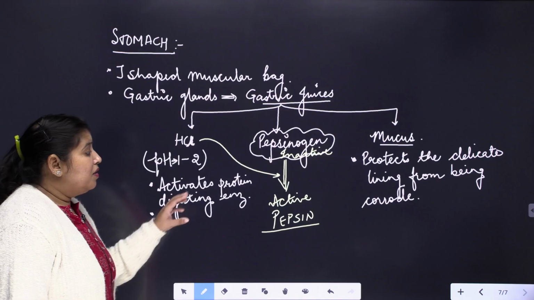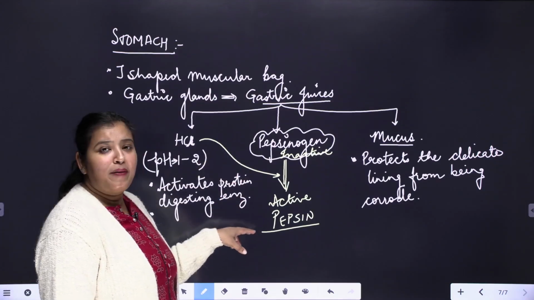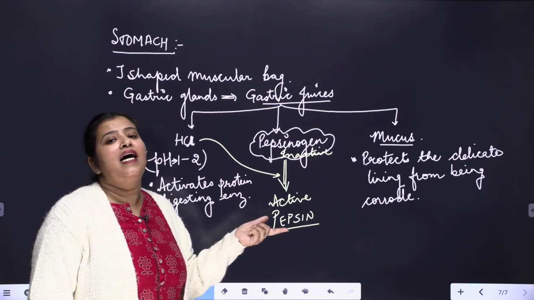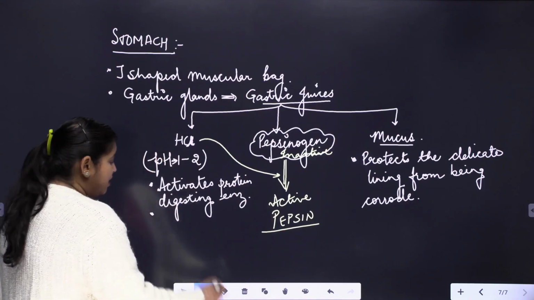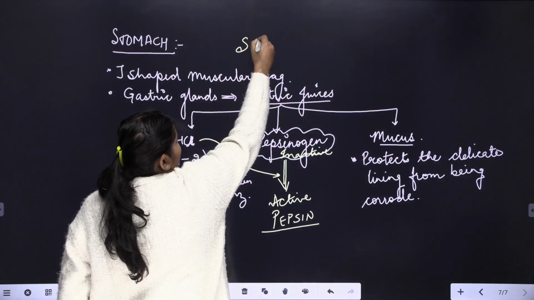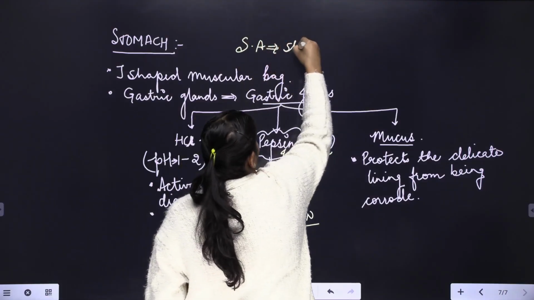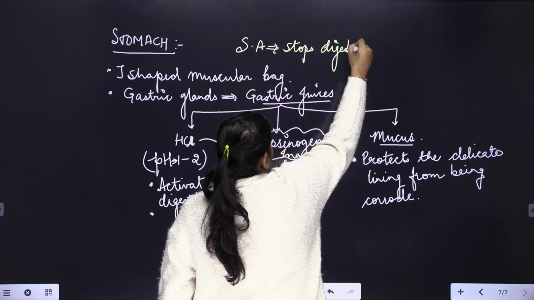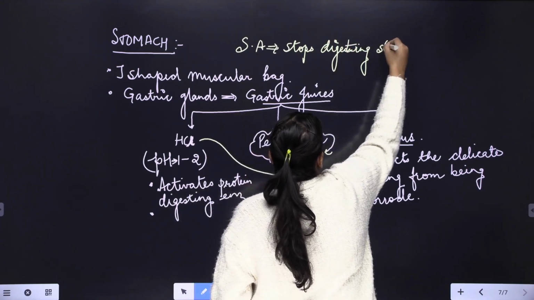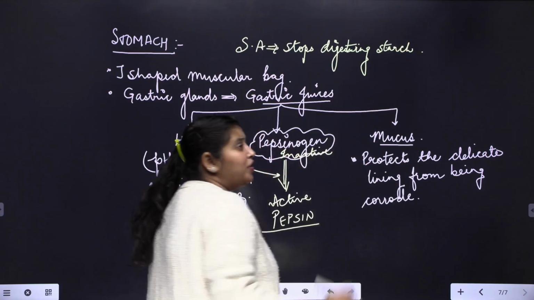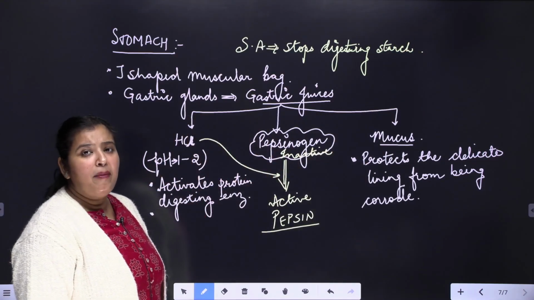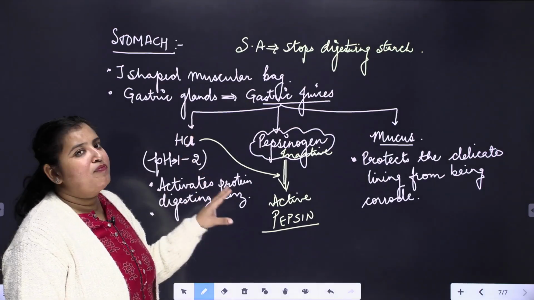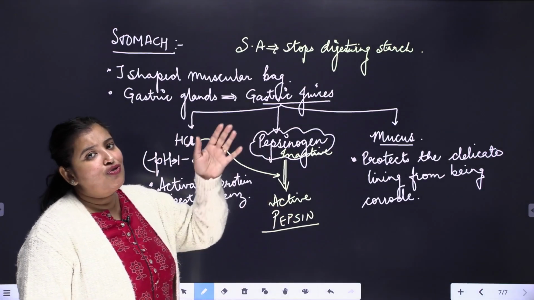Now, to get pepsin from pepsinogen, from the inactive form to the active form, it needs a highly acidic pH. That means the salivary amylase stops digesting starch in the stomach. No digestion of starch will take place in the stomach even though salivary amylase is present, because the pH has suddenly changed from slightly acidic to highly acidic.